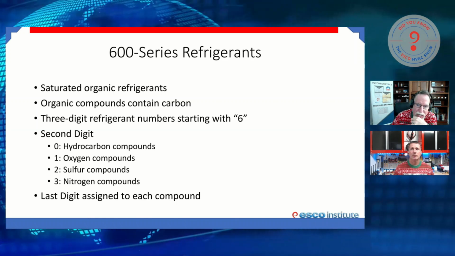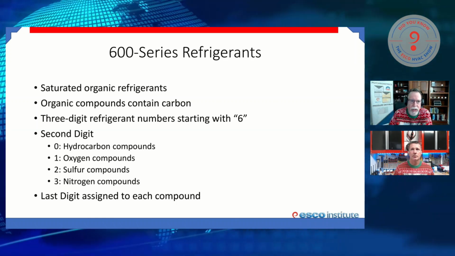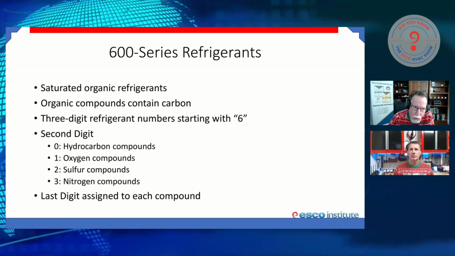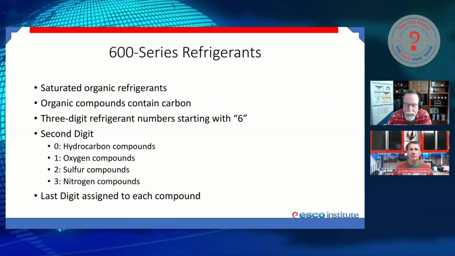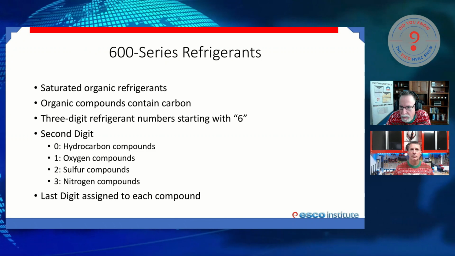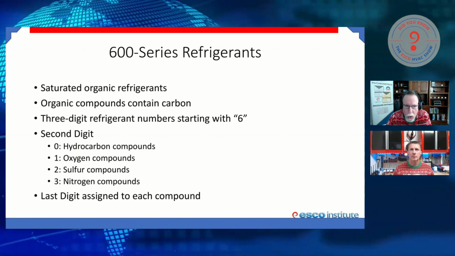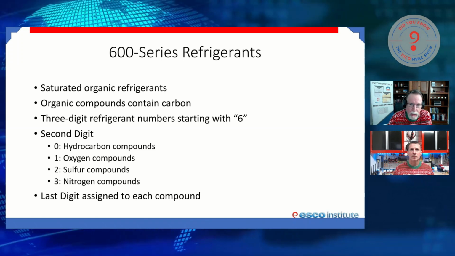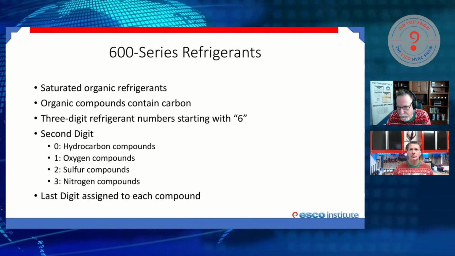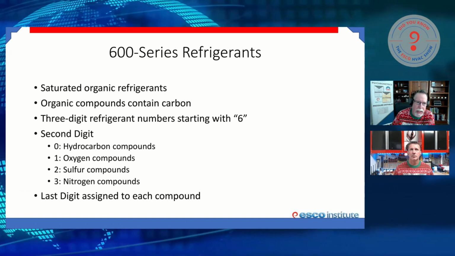We say saturated because we can't hold any more hydrogen, and we say organic. Organic refrigerants contain carbon. Butane is a hydrocarbon. So we have organic refrigerants and inorganic refrigerants. There are some exceptions; we'll talk about that later.